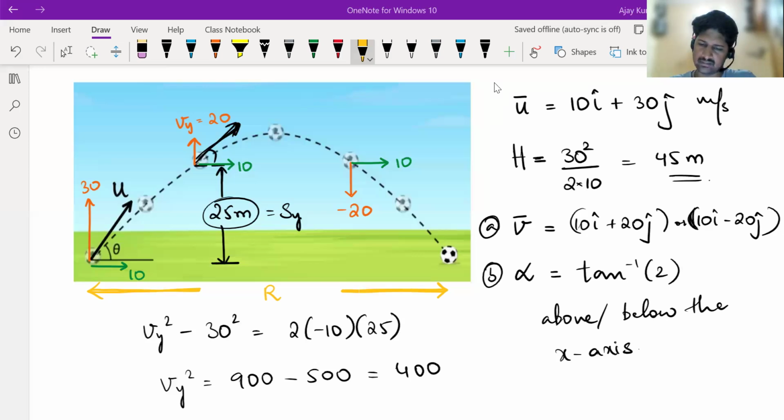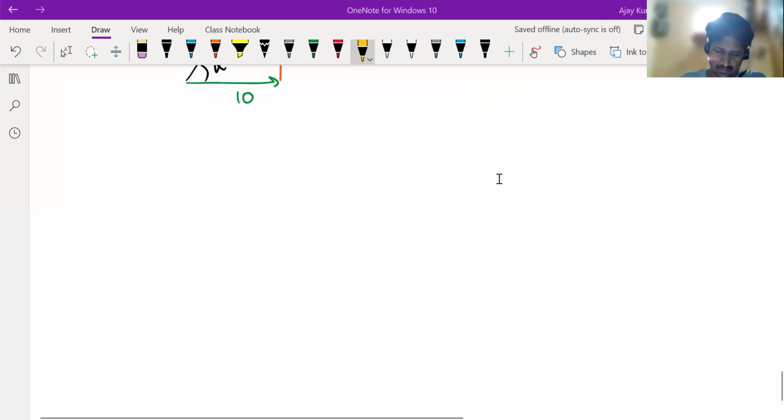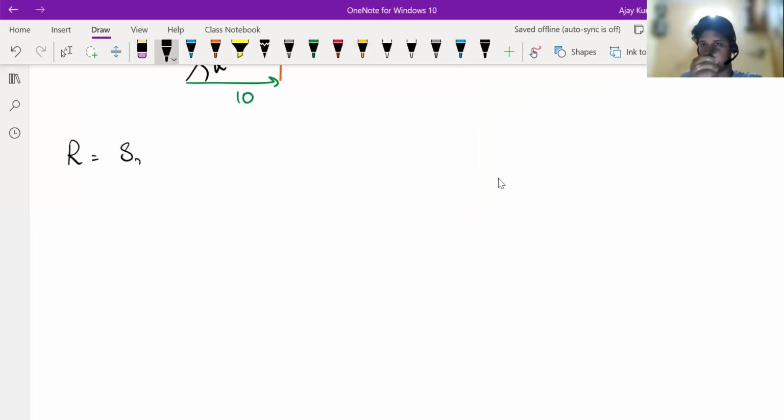Okay, Vanilla, your answer is correct. How did you calculate? So 2 into x component of u into y component of u by g. Okay, fine. So listen, all of you, range is basically displacement itself, but in the x direction, in the horizontal direction.